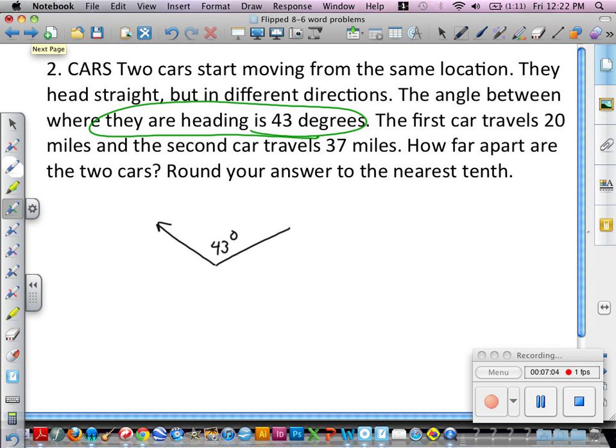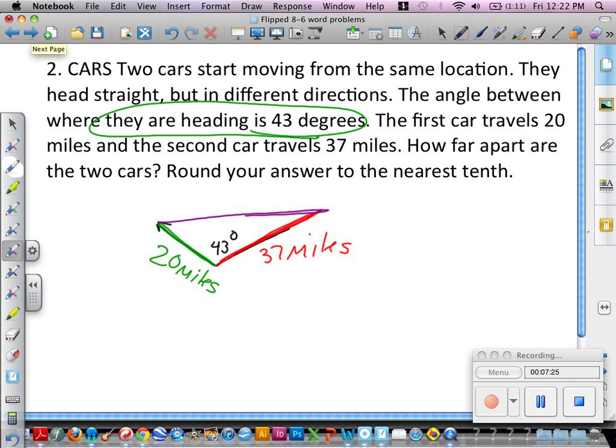The first car travels 20 miles. So this is my first car. He's going 20. The second car is going 37 miles. Make that one a little bit longer. That's 37 miles. The question asks, how far apart are those two cars? So now I'm looking for this.